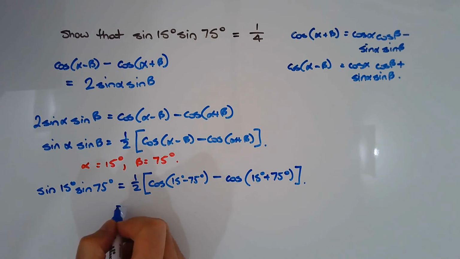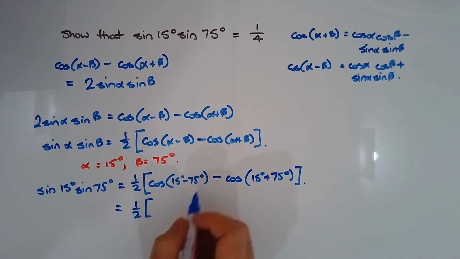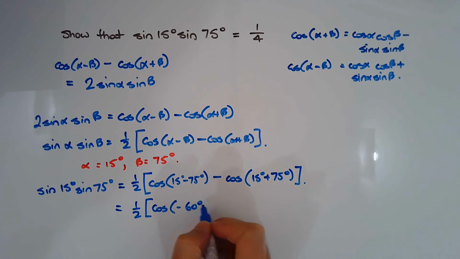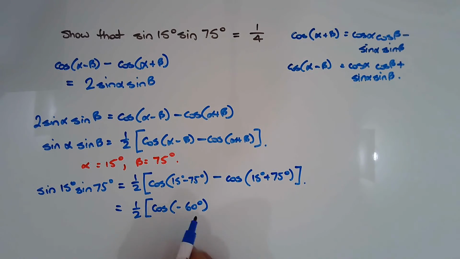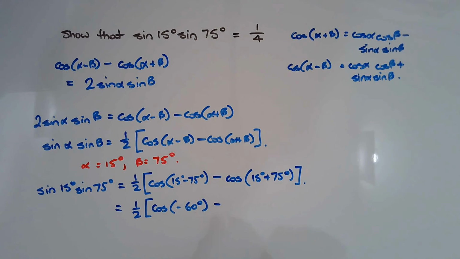Okay, so we'll just simplify that further. That's cos of 15 minus 75, so that's cos of negative 60 degrees. And remember, cos is an even function, so cos of negative 60, that's in quadrant 4, is the same as cos of 60, of course. So we could just represent it using the related acute angle.